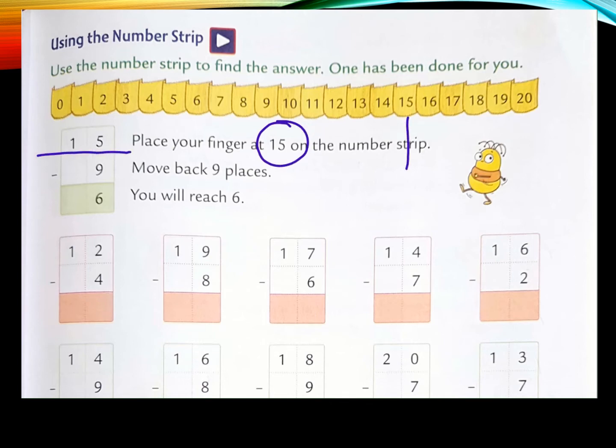So keep your finger on number 15. Then move back 9 places. Why back? Because it is minus. How many places? 9 places. So let's move from 15.